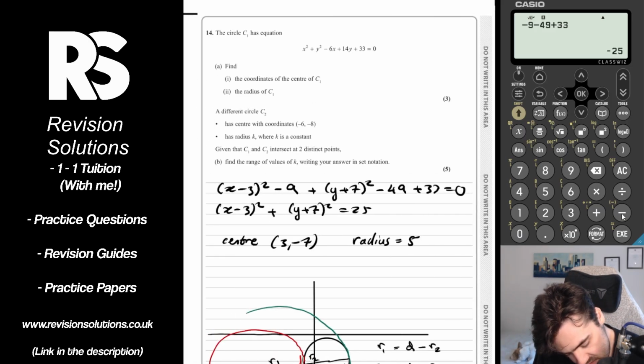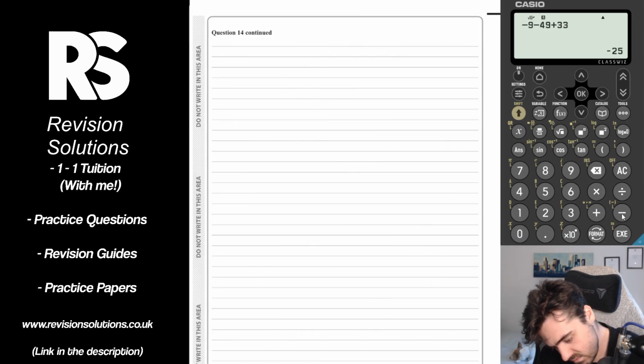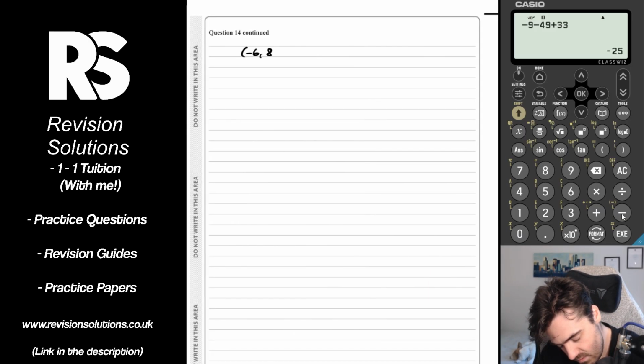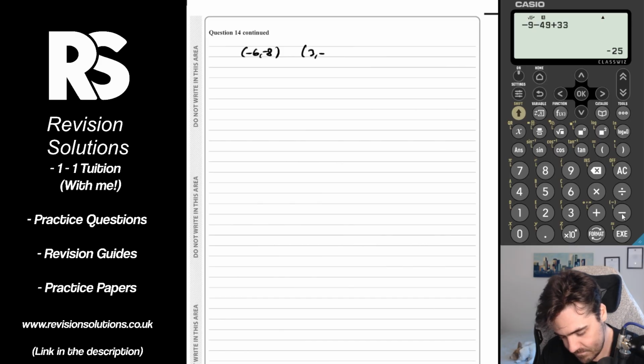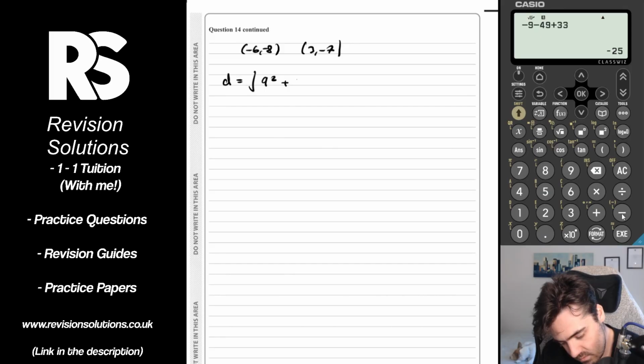So our points were -6, 8. -6, -8, sorry. And our first circle was 3, -7. So the distance between those 2 points is going to be the square root of, we go along 9, so 9 squared, and we've gone up 1, plus 1 squared.